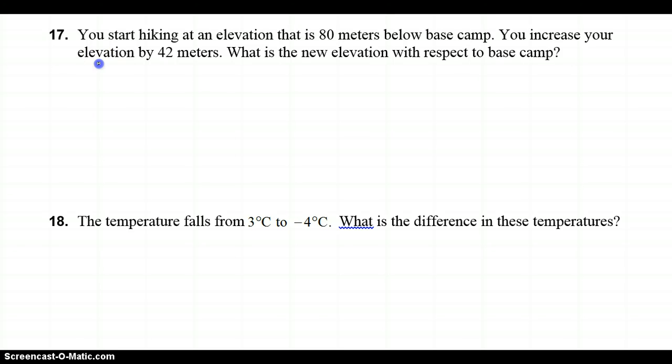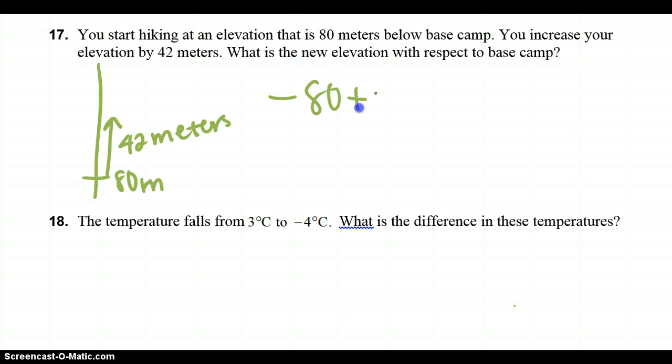So you start hiking 80 meters below base camp, and you increase your elevation, which means you're going up 42 meters. What is the new elevation with respect to your base camp? If I'm at negative 80 and I add 42 meters, that gives me a negative 38 meters.